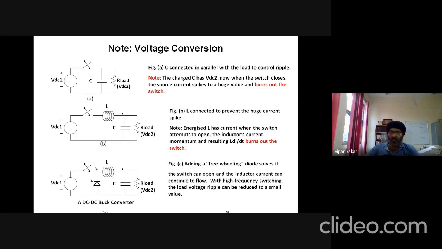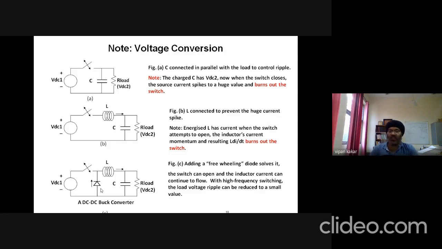So now the switch is out of the circuit. All these over voltages are now already filtered out by this freewheeling diode. So we can save the switch by including inductor as well as freewheeling diode, so that the switch doesn't burn out.